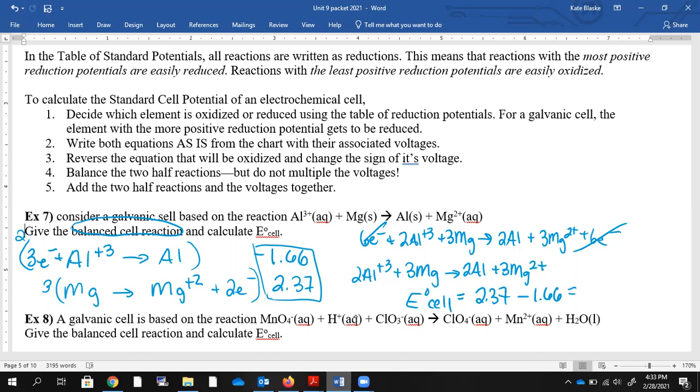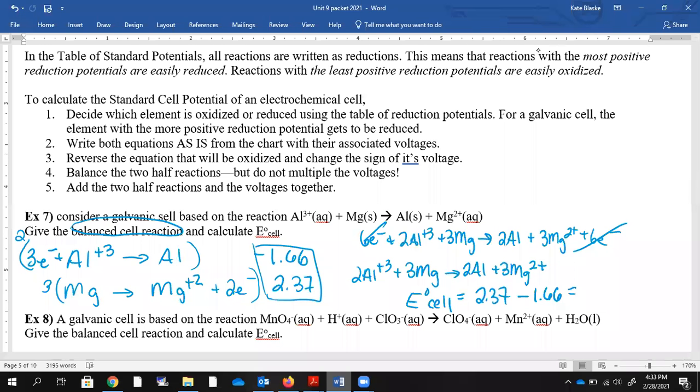I don't have my calculator on me. So this gives me a result of 0.71 volts. So my cell potential is positive. I know that this is a possibility for a galvanic cell. They told me it was already, but I know that it can be true for a galvanic cell because that is an overall positive cell potential.